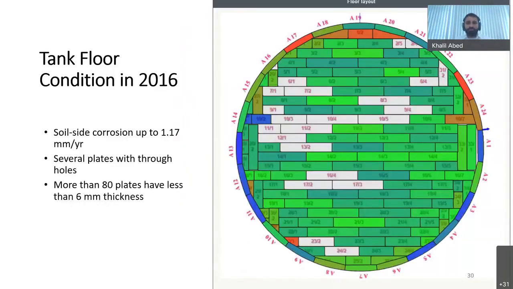So this is the tank floor condition in 2016, where the tank floor scan revealed severe soil side corrosion up to 1.17 millimeter per year corrosion rate, with several plates with through holes and more than 80 locations having less than 6 mm thickness.